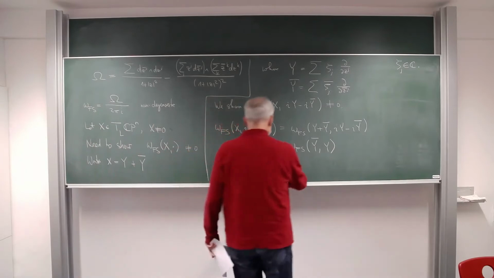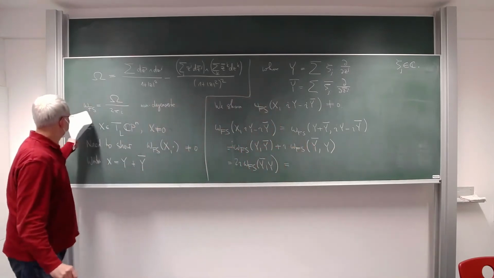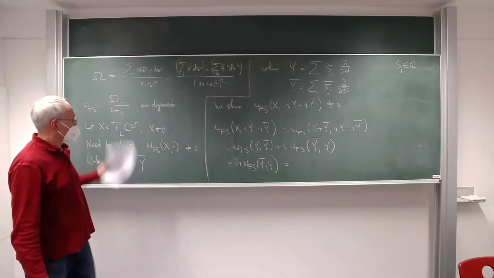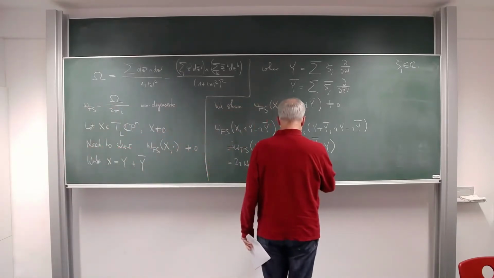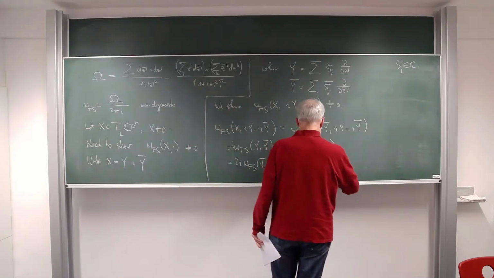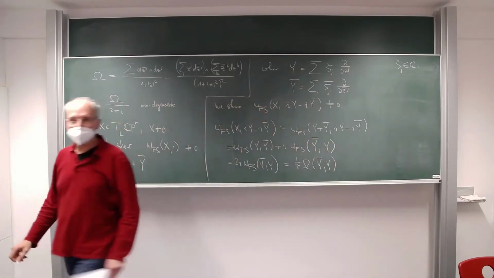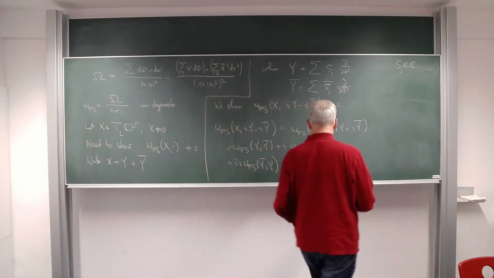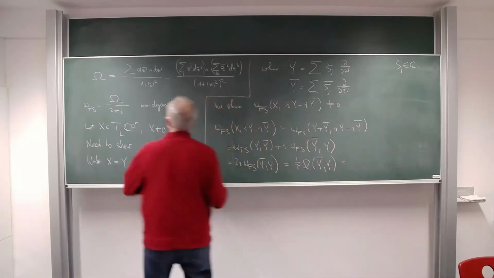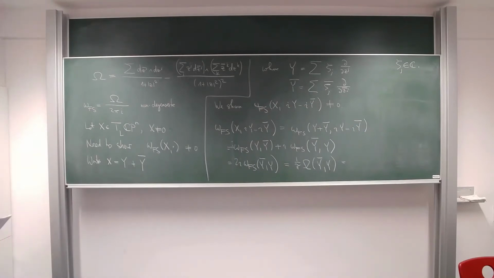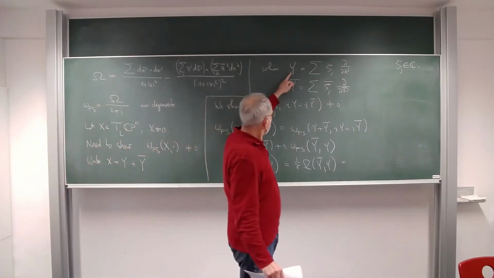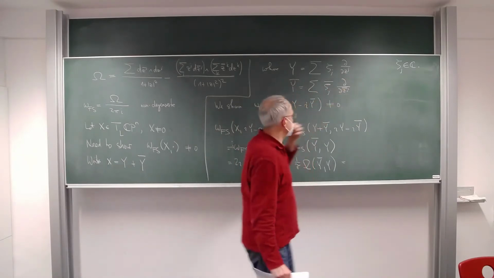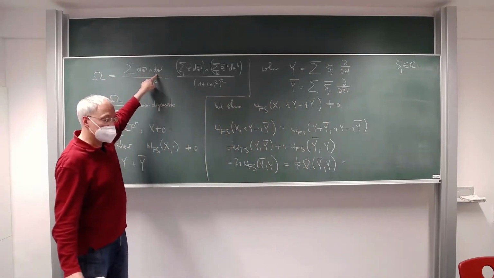All right, so putting it in this form, there's this factor 2 pi i. The 2 and the i cancel with the 2 and the i here, and only the 1 on pi survives. So I get 1 on pi capital omega of y bar, y. Also, this form is extended by complex bilinearity to complex vectors. And now we can use this explicit form. And now you see also why it's convenient to use these vectors y and y bar only consisting of conjugated or unconjugated vector fields here, because here we have the corresponding dual one-forms.